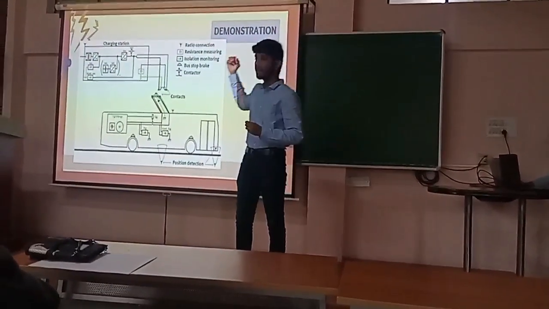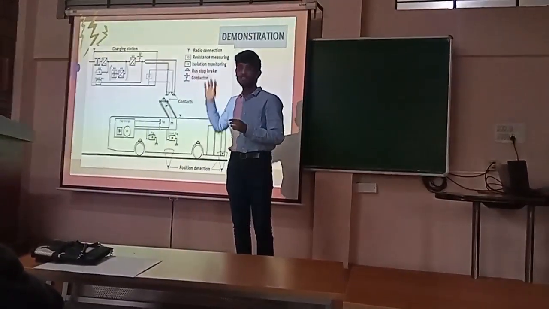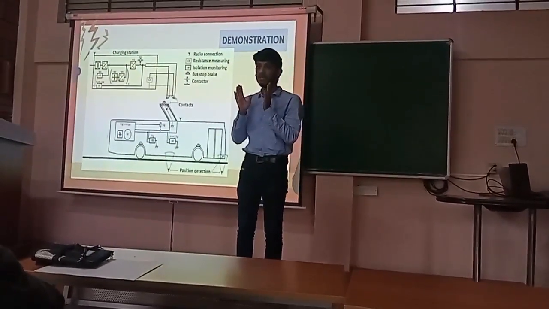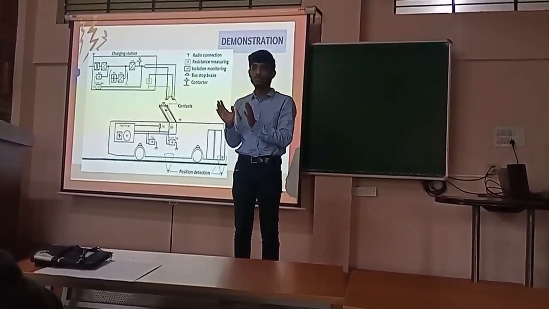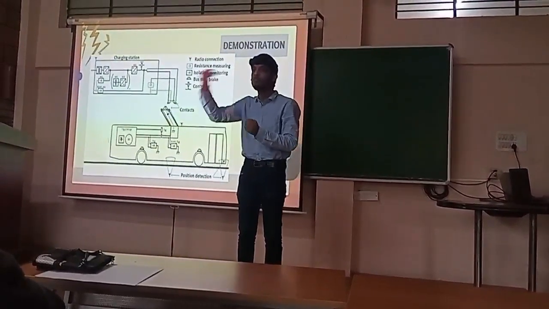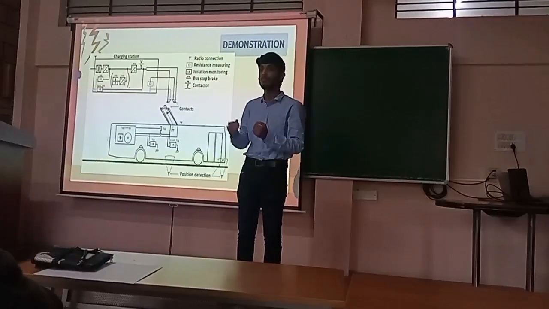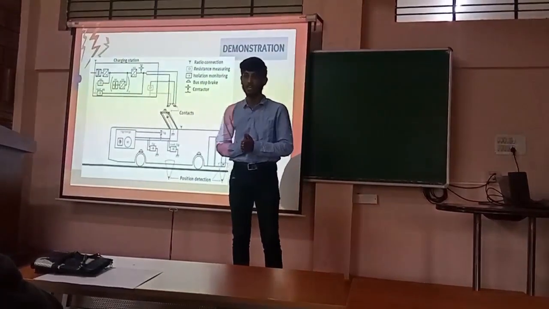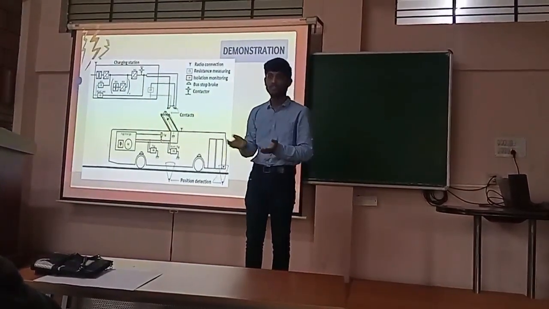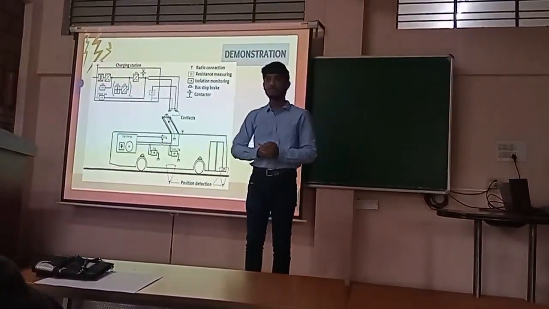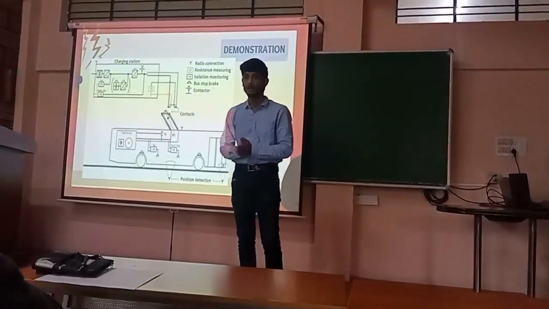It will also tell the fast charger that only this amount of energy is required for a bus to charge. It won't supply more energy when it is being charged, to avoid overvoltage and overcharging. That communication system is achieved using IoT.